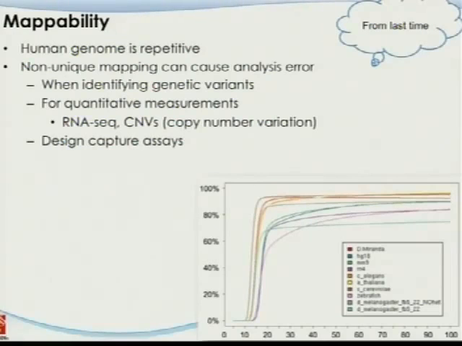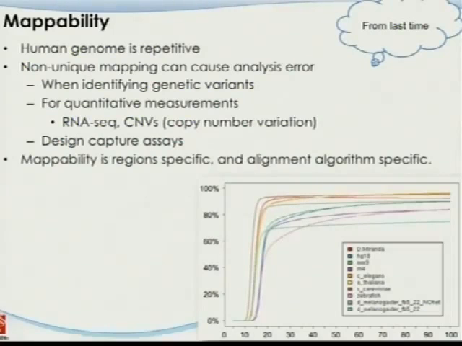The third application of mappability is when you design capture assays. You really don't want to target repetitive regions, so you want to do this type of mappability analysis before you design the capture assays. The last point is that mappability is region-specific and alignment-algorithm-specific.